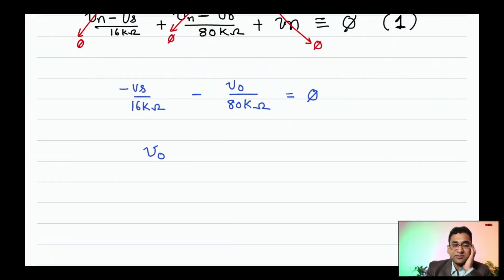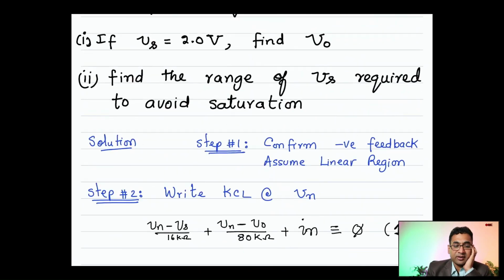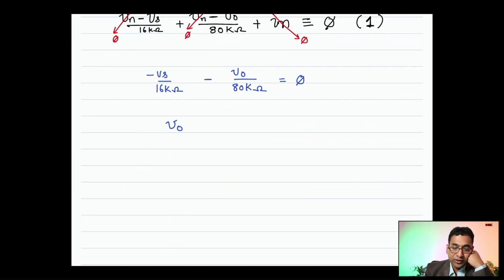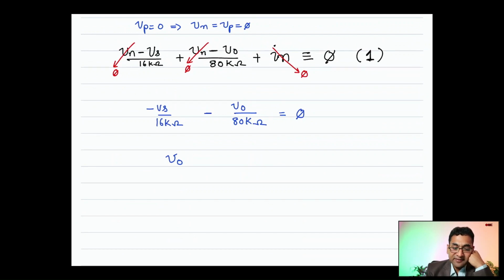Remember, that's the first part of the problem: to find the value of VO if Vs is given. So we are manipulating this VO over 80 kilo ohms and taking it to the other side of the equation, and leaving this minus Vs over 16 kilo ohms on this side.